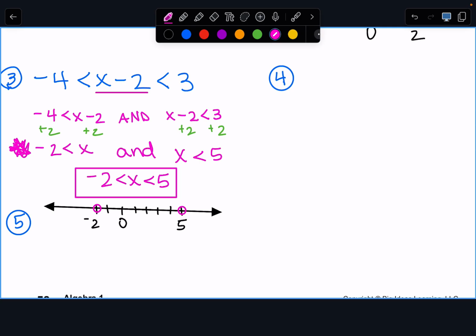No. Yes. No. X is greater than -2 and less than 5. They are absolutely going to go towards each other and overlap. All because X is on the right side.